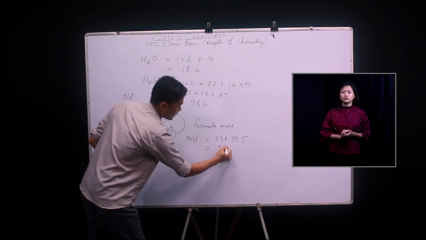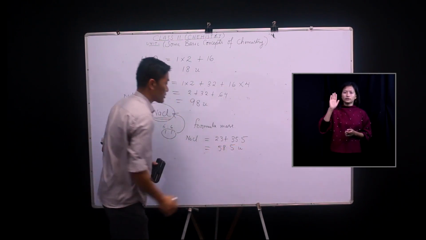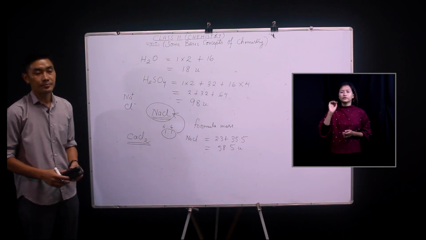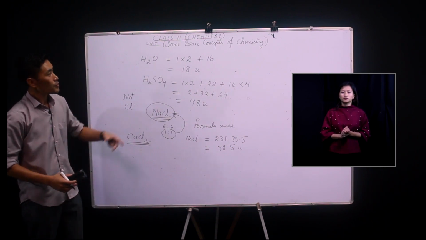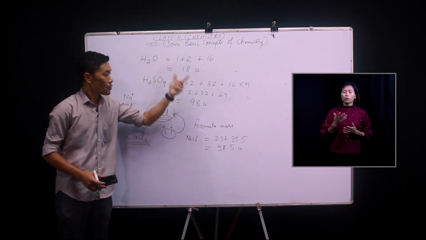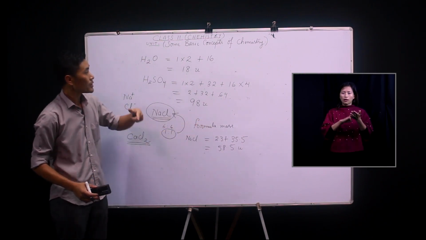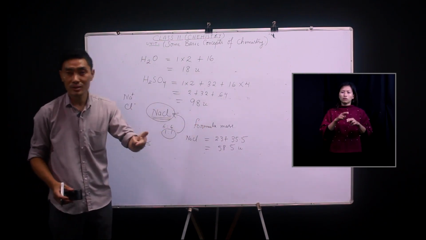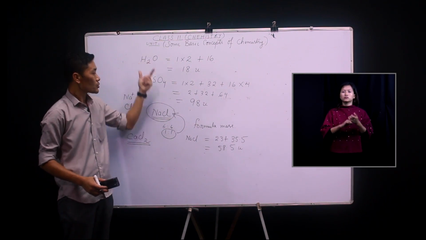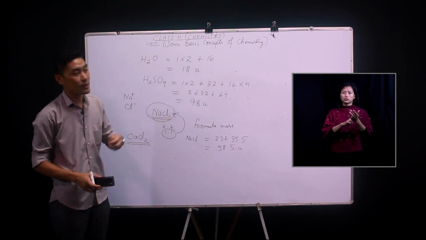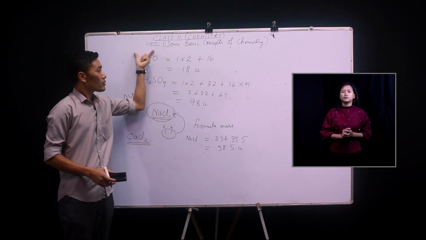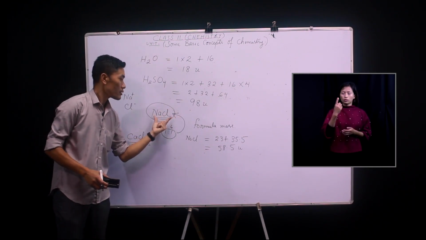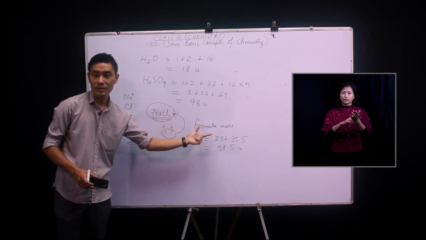Here we get 58.5 atomic mass units. So whether it is molecular mass or formula mass, to calculate them, we just add up the masses of all the atoms or ions that are present in one molecule or in one empirical formula of the given compound.